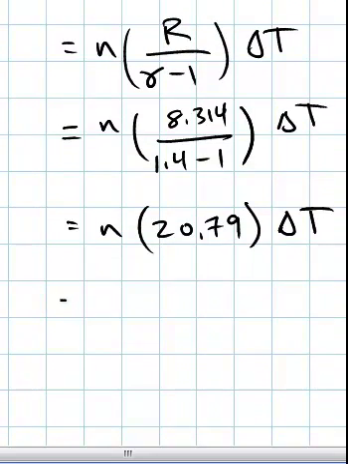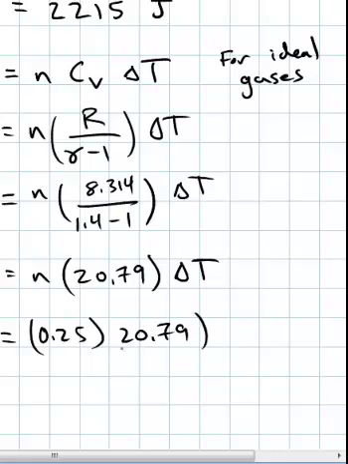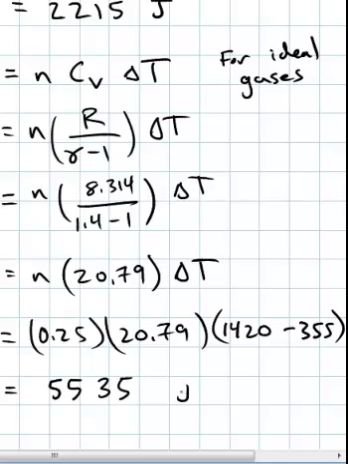So what I end up with now is 1/4 of a mole, 20.79, and delta T, 1,420 minus 355 Kelvin, ends up with 5,535 joules.